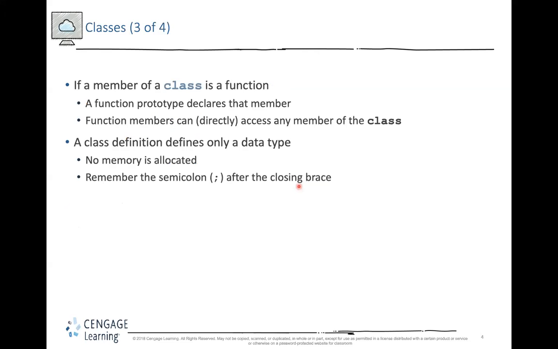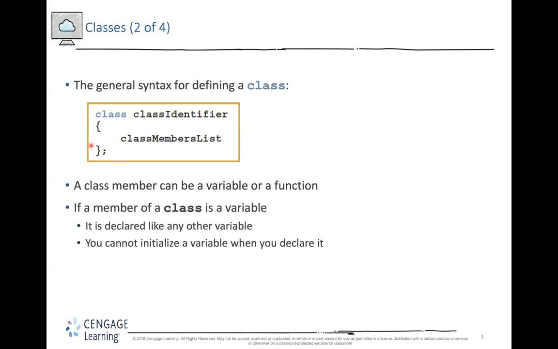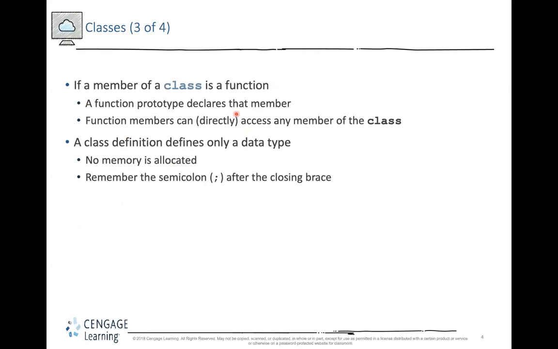And by the way, what we're doing here is defining a type. We're not declaring any variables here. It's just defining the type itself, and then you use this type name to declare your variables and initialize them. If the member is a function, you may declare the function prototype.